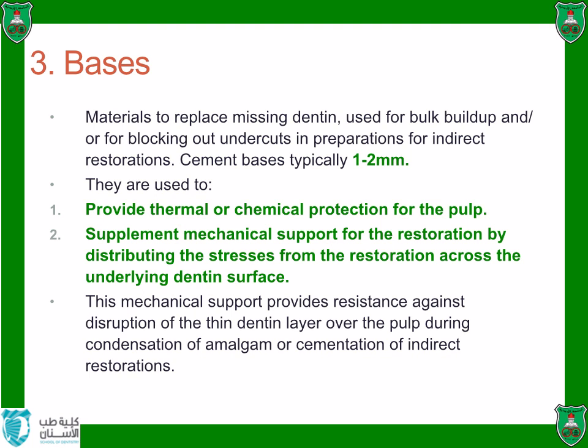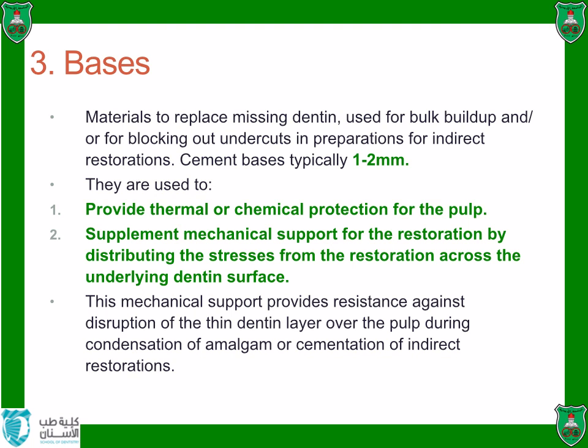Now, this mechanical support provides resistance against disruption of the thin dentine layer over the pulp in deep cavities during condensation of amalgam or cementation of indirect restoration. So, if you have a very large or very deep restoration and very deep cavity preparation, and you have a very thin remaining dentin thickness, and you need to place an amalgam restoration, it's better to support the amalgam restoration with a base material that has a thickness of 1 to 2 millimeters.